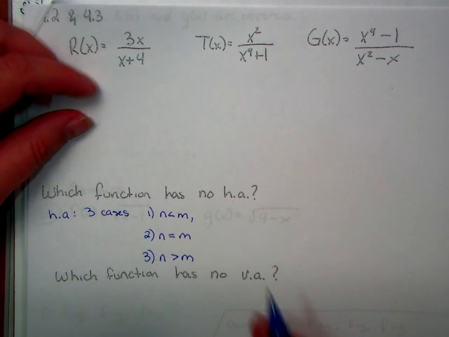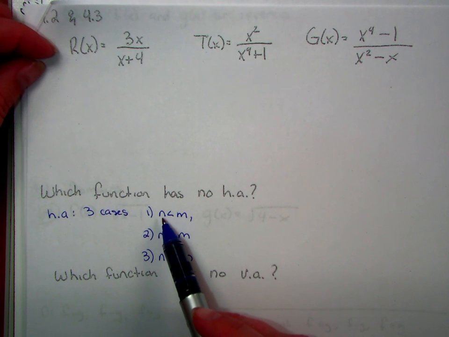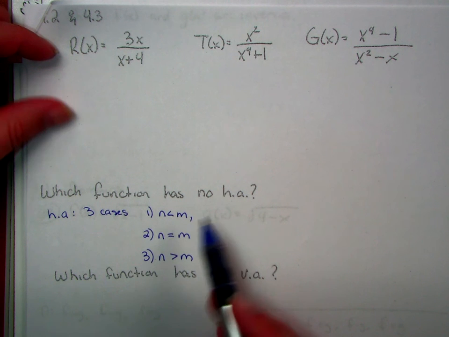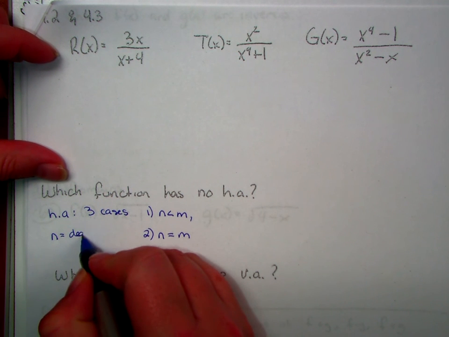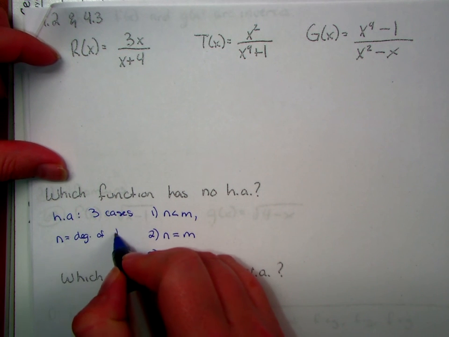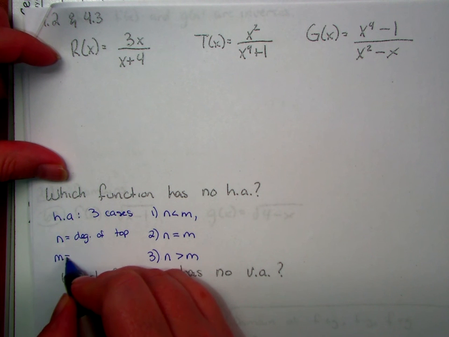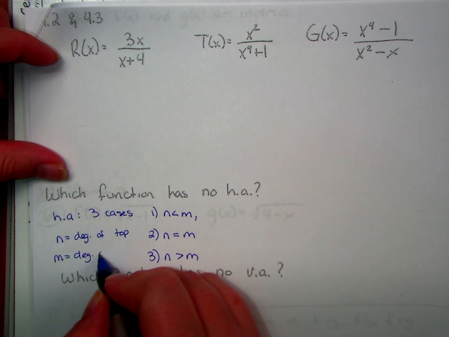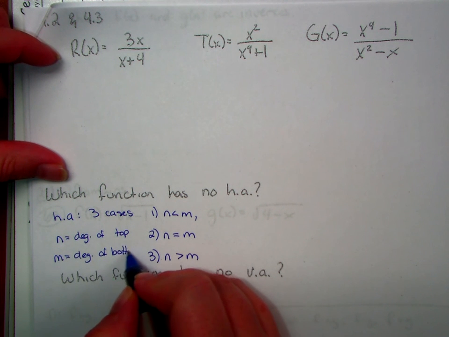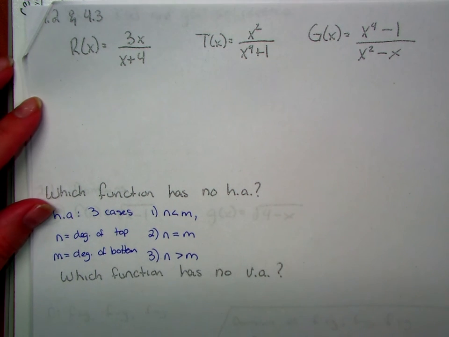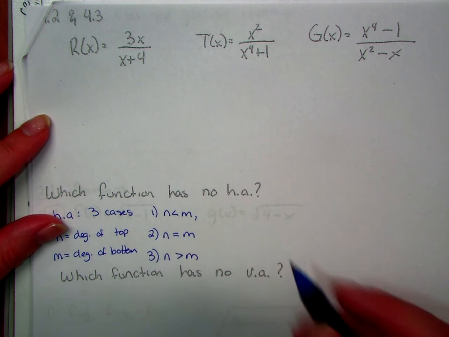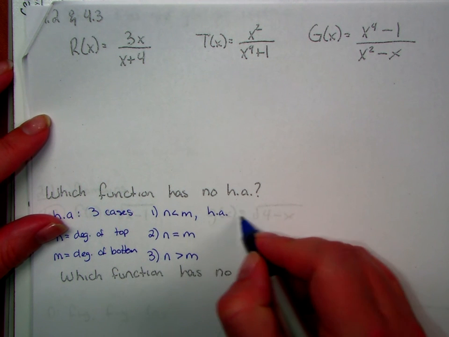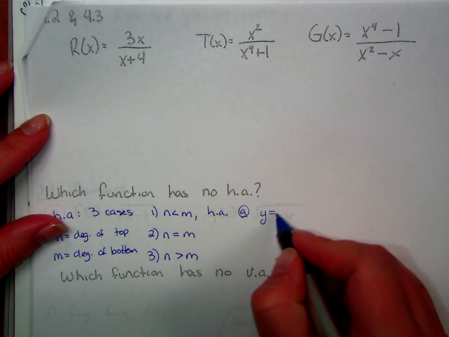And so if n is less than m, right? Remember, n is the degree of the top, and m is the degree of the bottom, right? And so if the top is less degree than the bottom, then we have a horizontal asymptote at y equals 0.